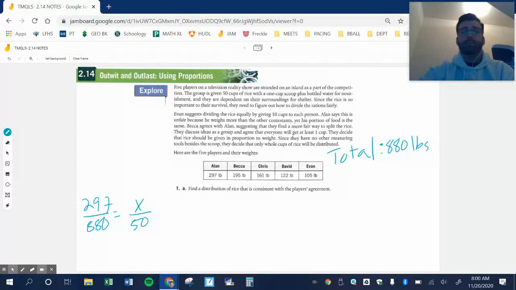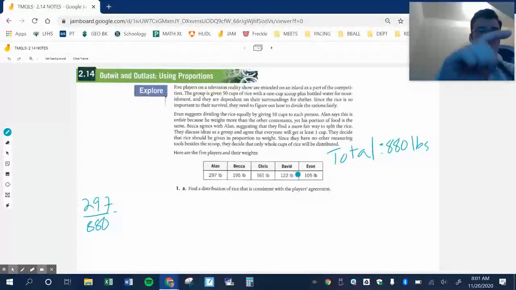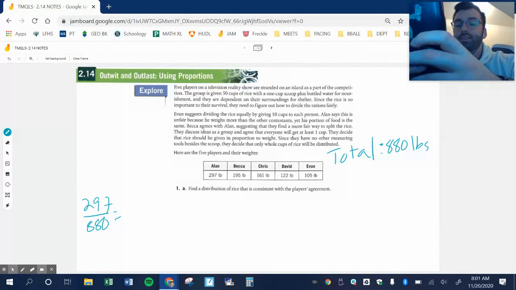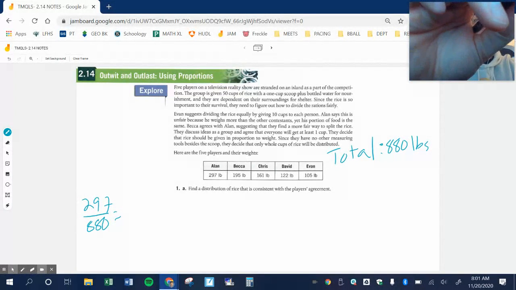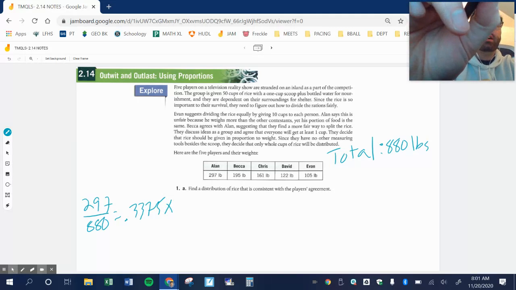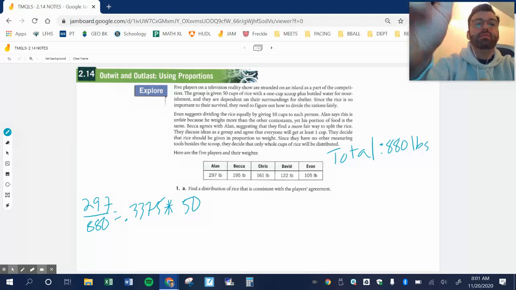I can think about it algebraically like I just set up, or I could just do 297 divided by 880 and get 0.3375, and then multiply that number by 50.